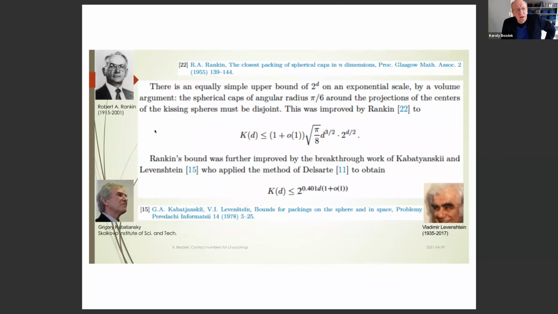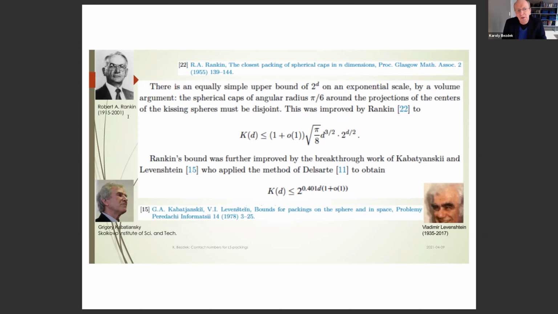On the other hand, I put down here Rankin, because there is an elegant upper bound on the kissing number of a d-dimensional unit ball, very similar to the one that we discussed for the lower bound.